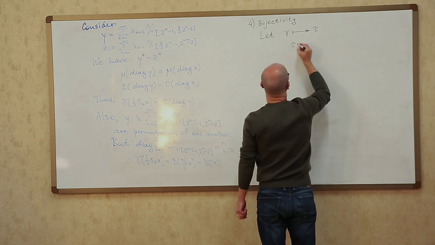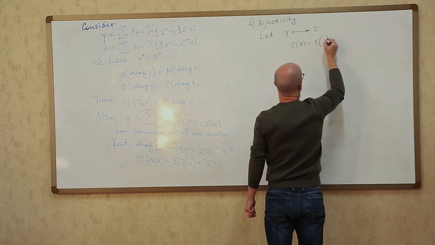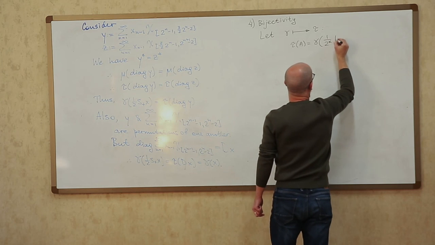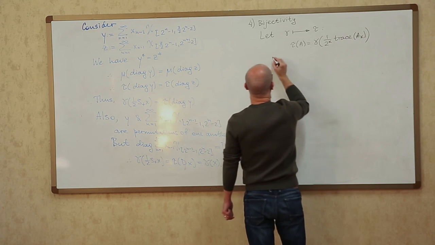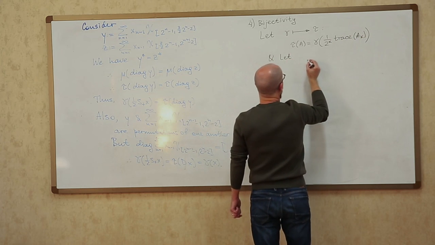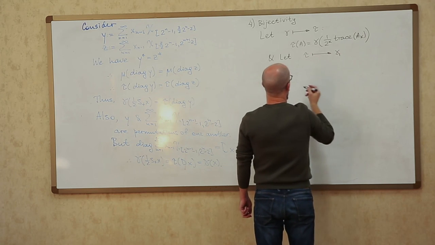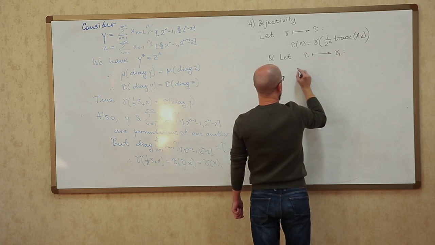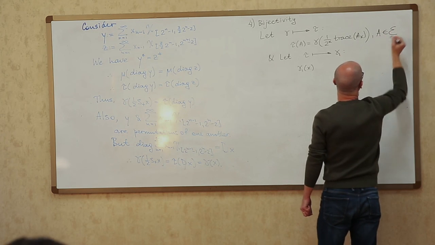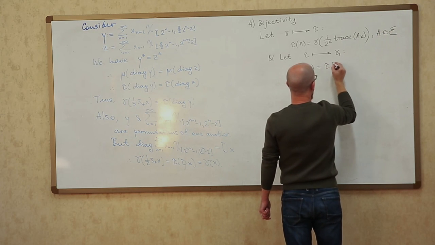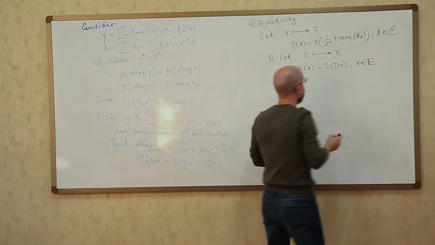That is tau of A equals gamma of 1 over 2^k trace of A_k. And let gamma 1 correspond to tau. That is gamma 1 of x equals tau of dx, and here x is from E.